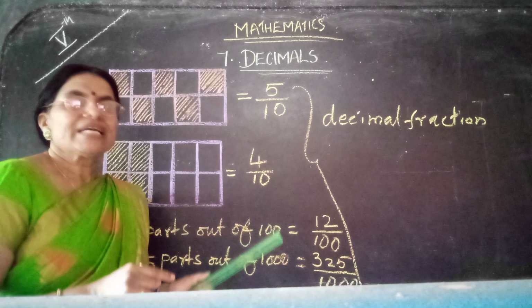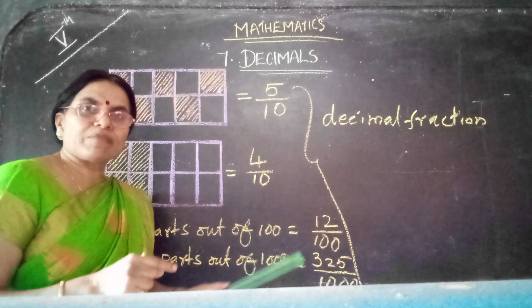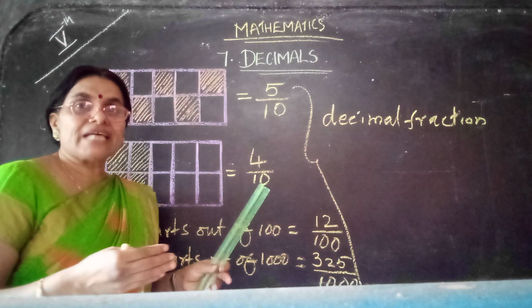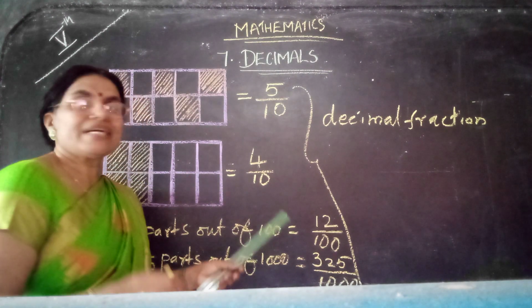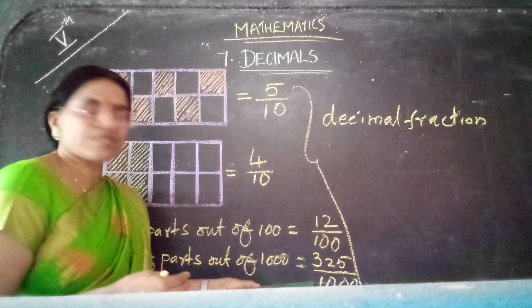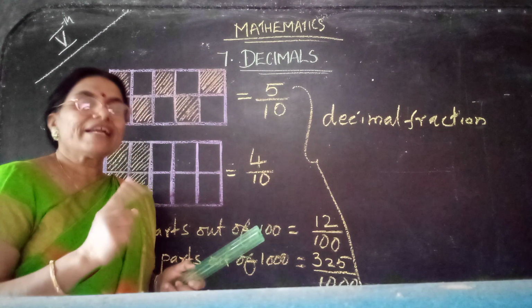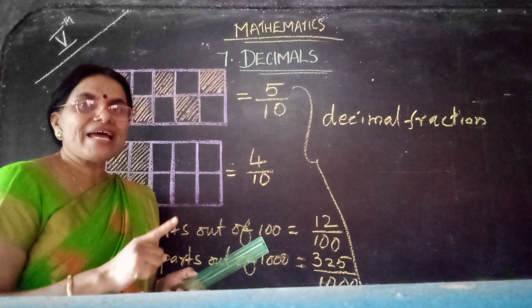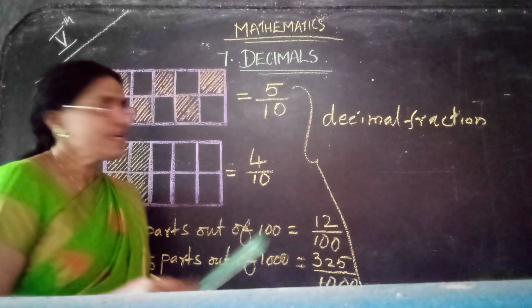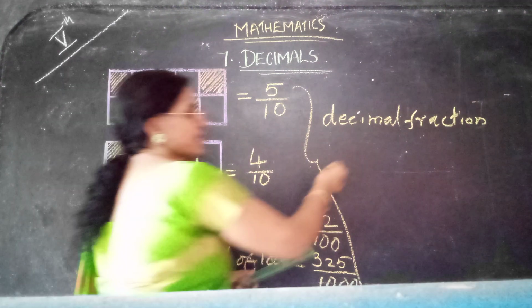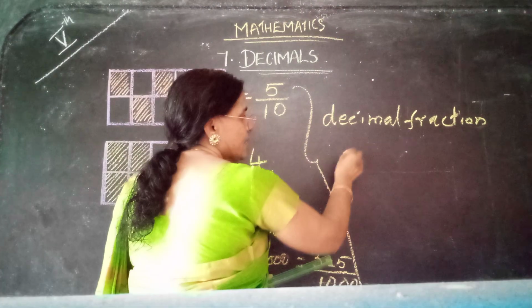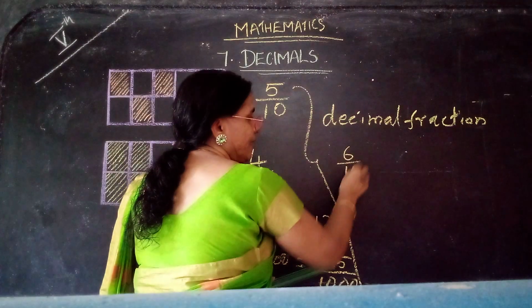Here, children, a decimal fraction can be represented in another form. Let us see what is that. See another example. 6 by 10.